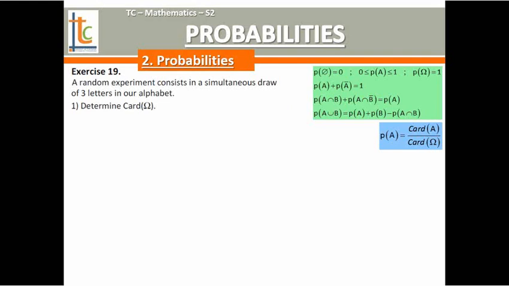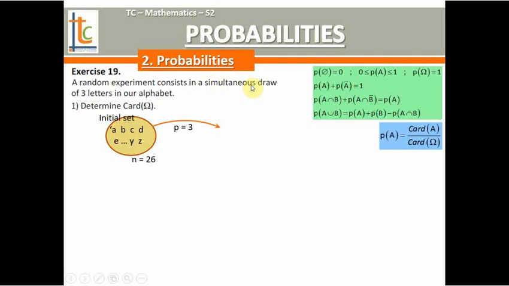If you want to determine the cardinal number of omega, you have to define properly this set. You've got an initial set, our alphabet, and you have to take at random 3 letters. Plus, you've got a very important word in the exercise: simultaneous.